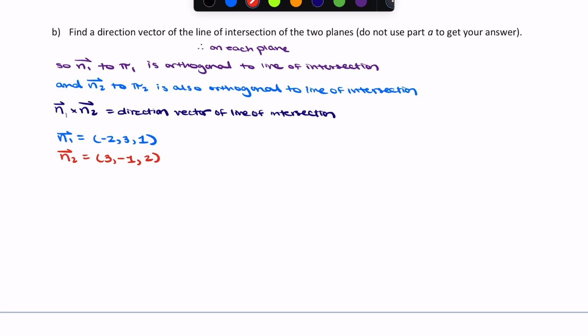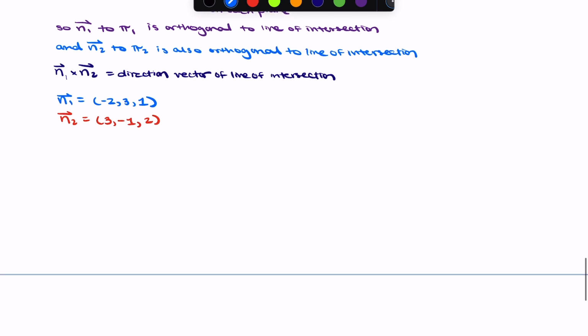And so when we look at our cross product between the two, we have negative 2 and 3, 3 and negative 1, 1 and 2, and then we rewrite the first two again.